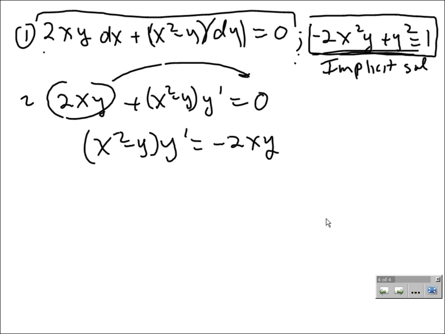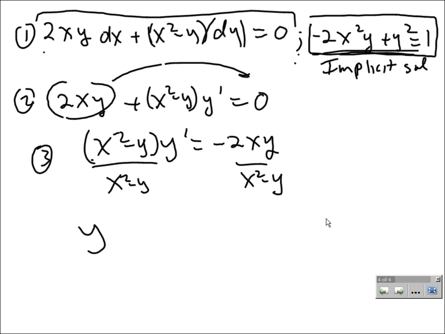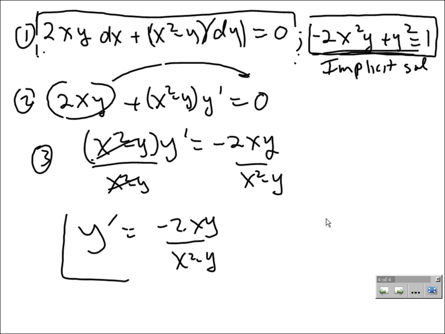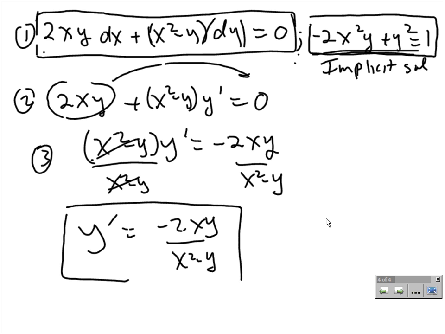All these equations are equivalent. They're the same equation. Now I'm going to divide by x squared minus y. And bingo! I know what y prime is. So this very first equation that I wrote down is the same as this one. So now this looks more familiar.